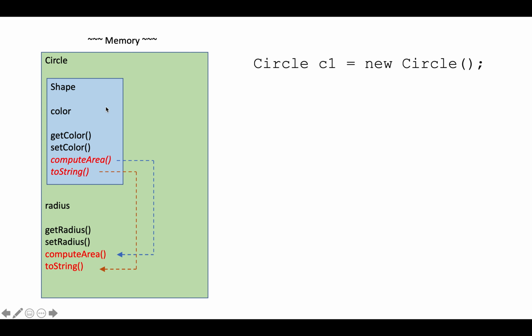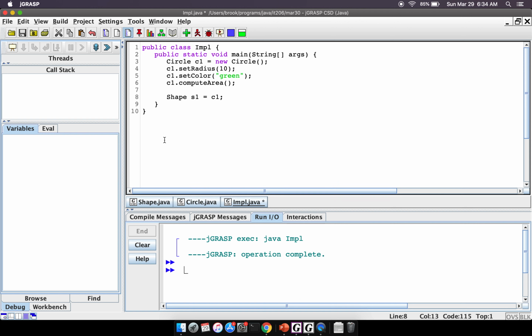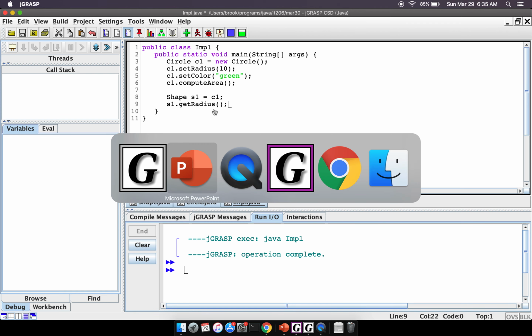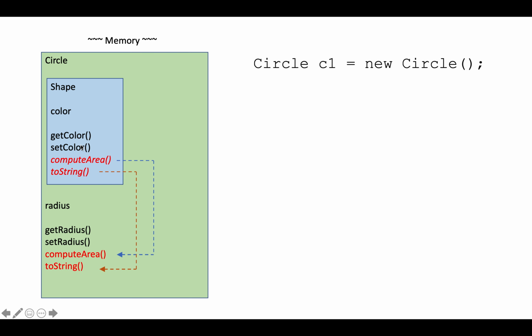If we go back to the diagram from the previous video, now that I have this shape reference, that means I can only execute the functions inside of here. So if I was to try to do, for example, s1.getRadius, this is going to give me a compiler error, because getRadius is not defined here in shape, and now I have a shape reference.